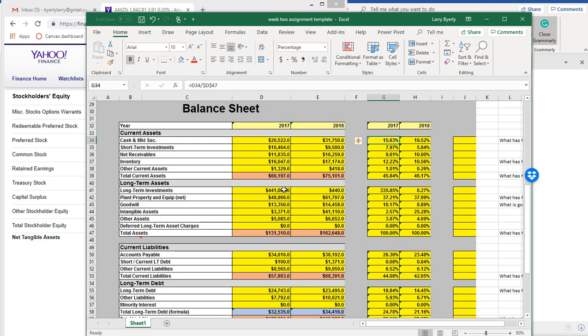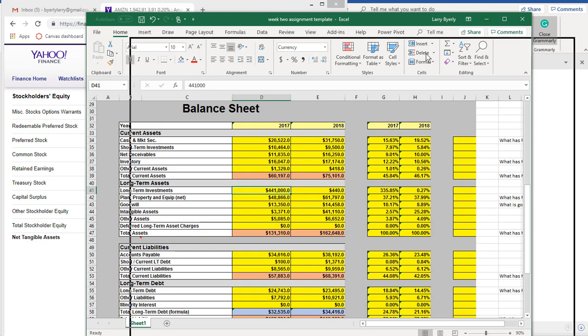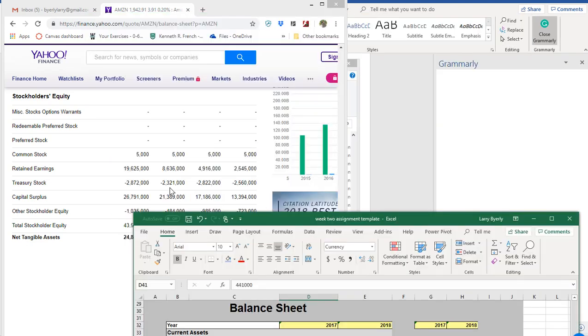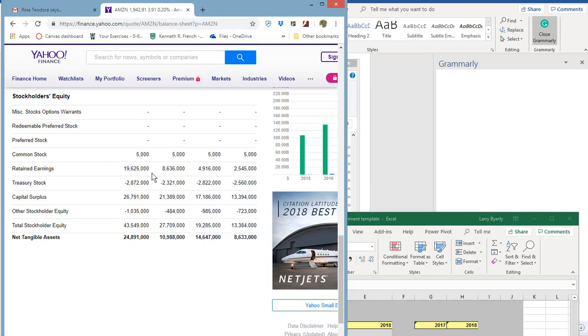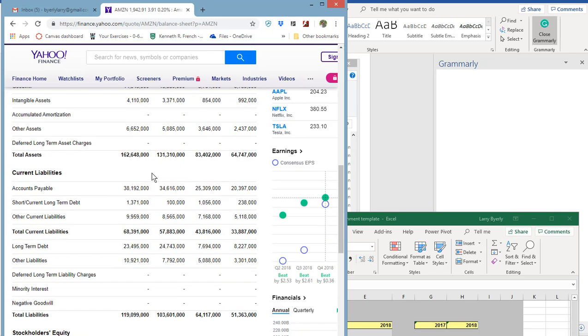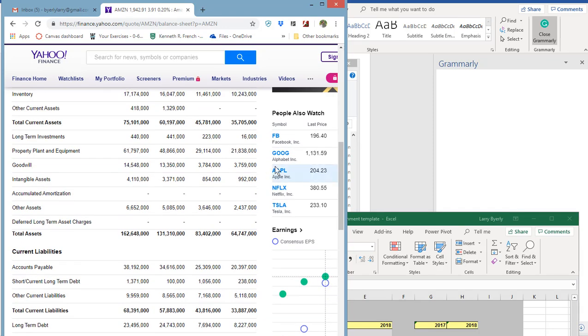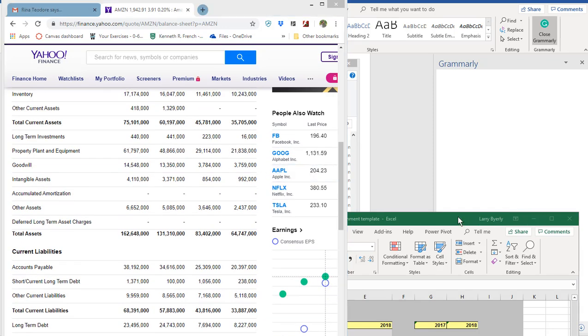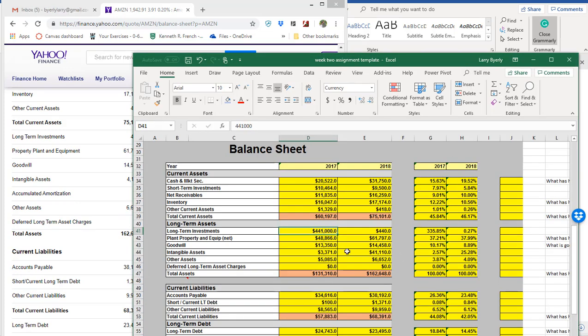I see there is a problem here. Let's go back and check this number, because now I notice, as I'm looking, that 335% looks a little strange. I think I have too many zeros there. So let's go back to the balance sheet, and yep, see, it's just 40, I put too many zeros. So this should only be 4441.